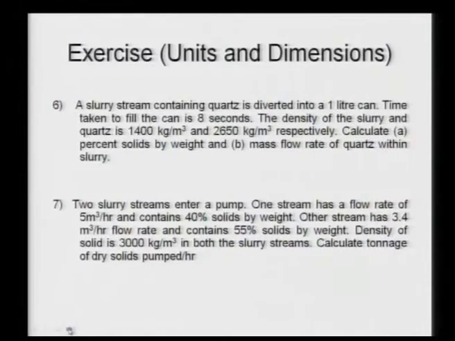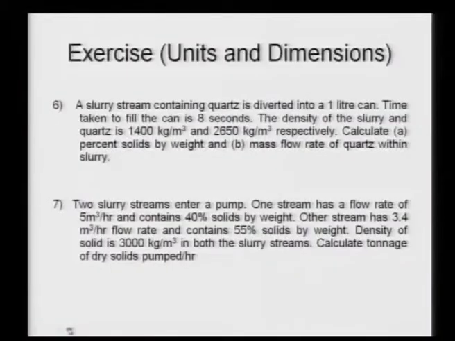The densities of the slurry and quartz are 1400 kilogram per meter cube and 2650 kilogram per meter cube respectively. Calculate A, percent solid by weight, and B, mass flow rate of quartz within the slurry. So, this problem is very important when you proceed to the material balance in metal extraction and refining.